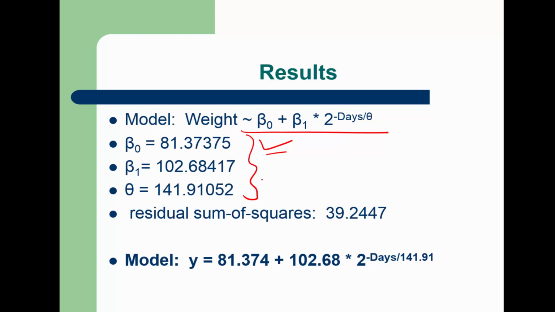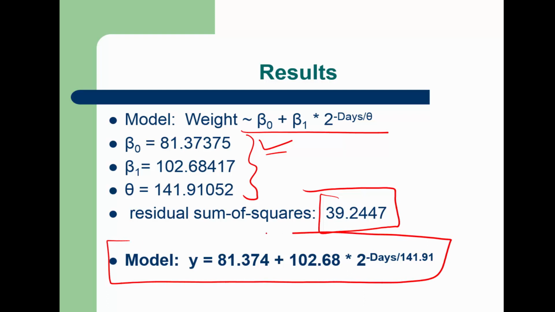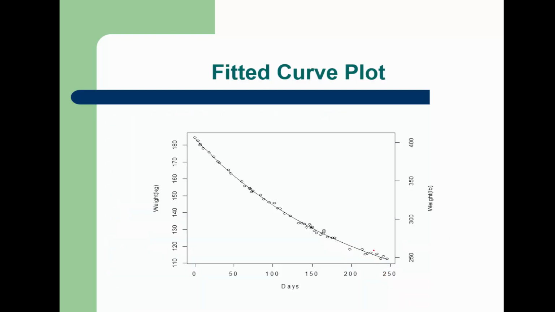The residual sum of square where we are getting these estimates is 39.2447, and then using this estimate we can write the final model. The final model looks something like this with this intercept 81.37, slope coefficient 102.68, and the exponential coefficient to be 141.9.